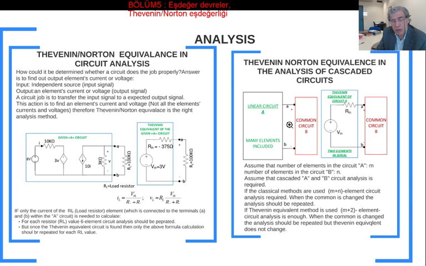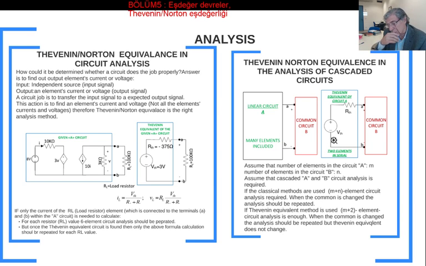But if you use the Thevenin equivalent circuit, the equivalent of A is going to be just two elements, plus the number of elements in the common circuit B. So a circuit with N plus 2 elements will be analyzed if you use the Thevenin equivalent circuit, which is much less than the previous one. That's why it is important to use the Thevenin equivalent circuits.